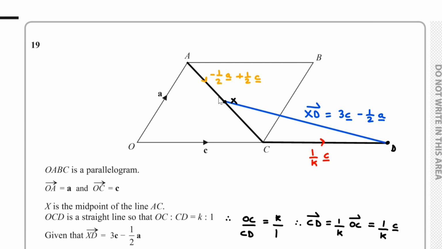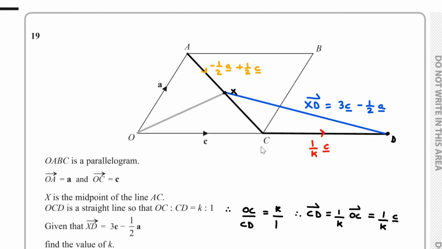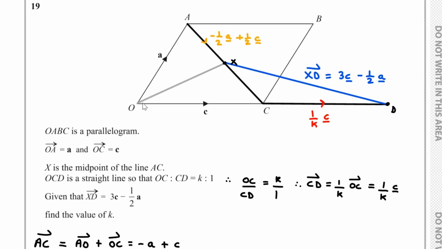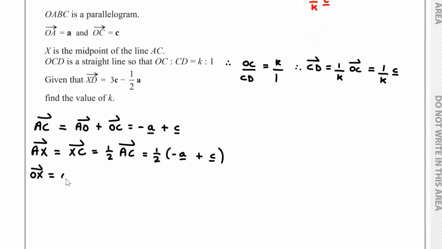Okay, now let's find out the vector OX. So if I find out the vector OX over here, the vector OX, this will equal, starting at O finishing at X, well, we've got OA plus AX.